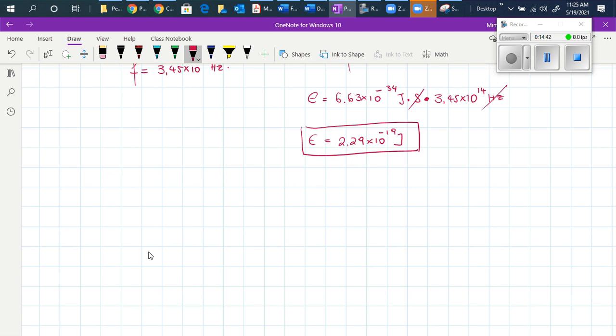Now, example 2. If we have a laser with a wavelength of 650 nanometers, and if the power of the laser is 1.5 watts, how many photons are coming out of the laser every second?